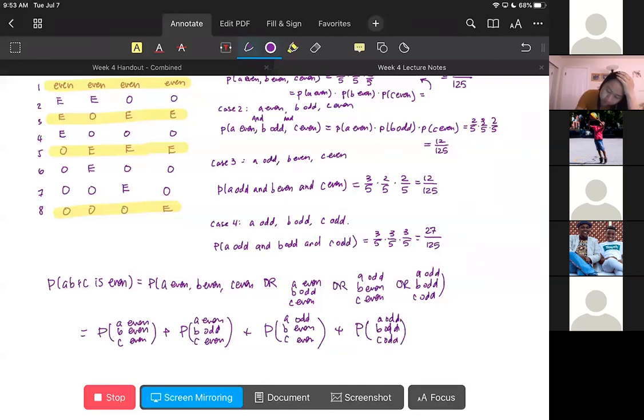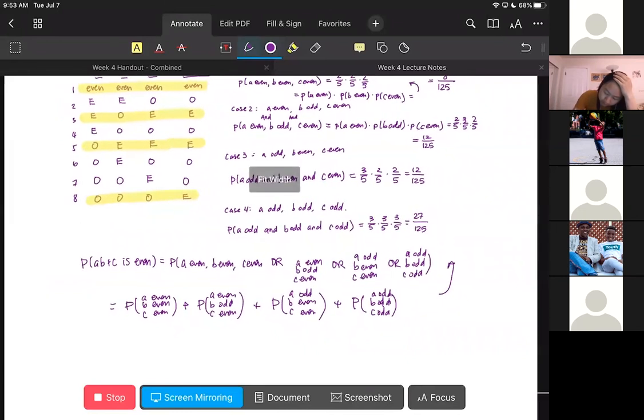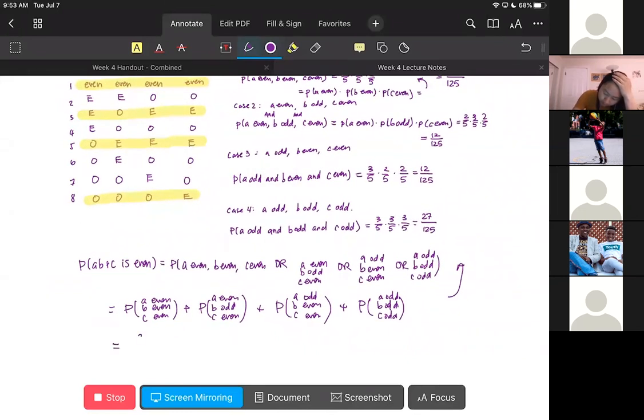And that was what we just computed above, right? So as you all said, we want to add this up. So this equals 8 over 125 plus 12 over 125 plus 12 over 125 plus 27 over 125. And if we sum this all together, 8 plus 12 is 20, plus 12 is 32, plus 27 is 59 over 125.